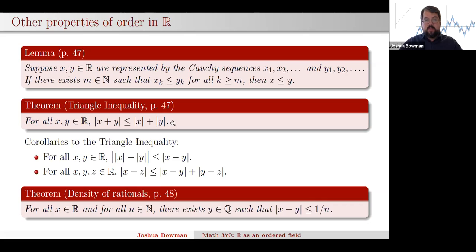You can get from the original triangle inequality to this modified version. If you start with the original triangle inequality, subtract the absolute value of y from both sides. Okay, so now you have absolute value of x minus absolute value of y, and then replace x with x minus y.